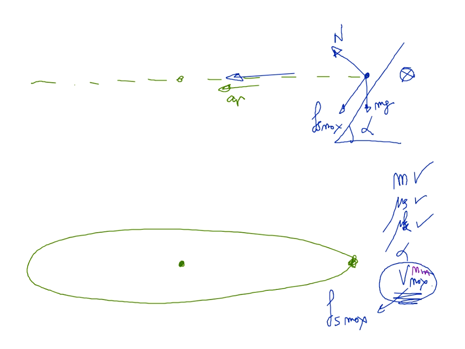Hence, where should I pick my positive X? Along the inclined plane? Horizontal? Vertical? Excellent. That's a common mistake. People would pick X and Y parallel and perpendicular to the plane.